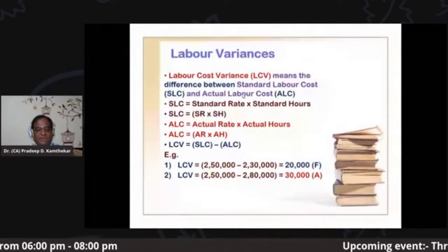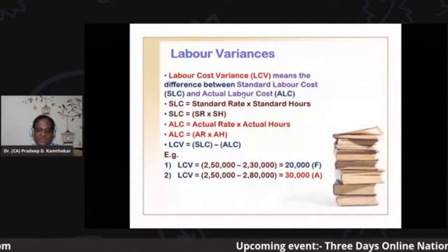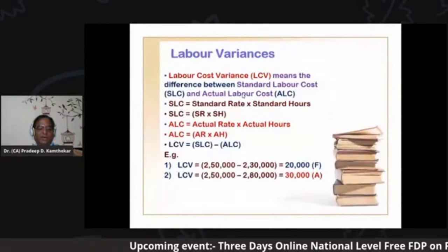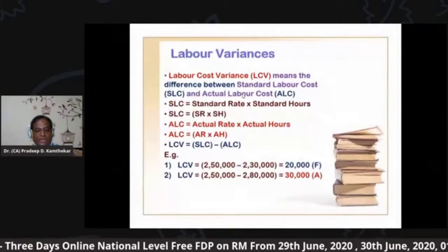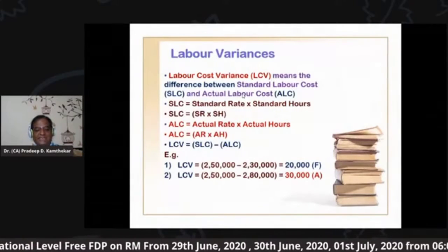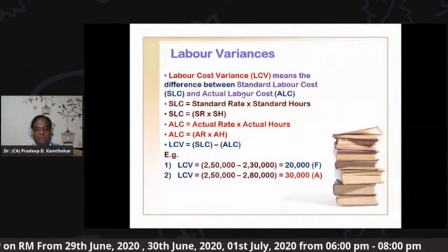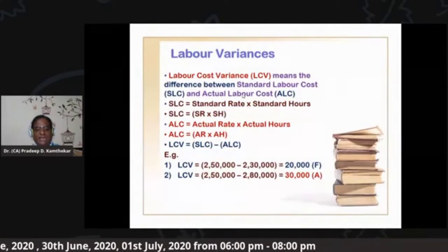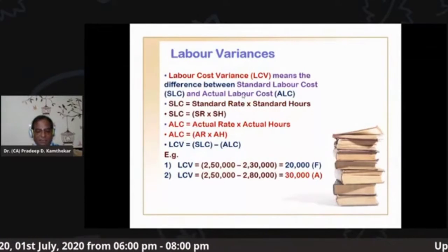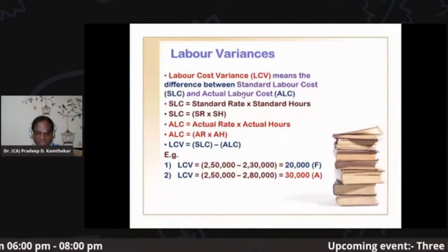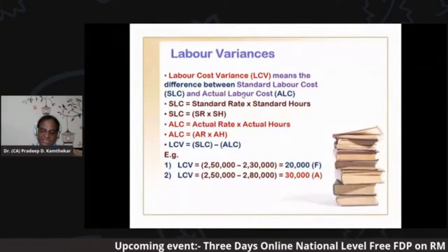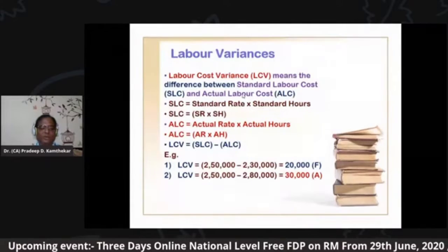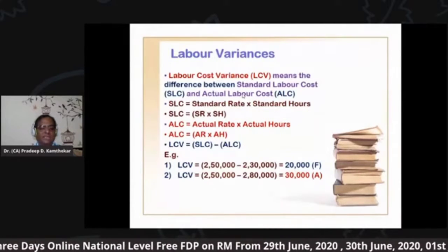In the second example, friends, 2,50,000 again business expected to incur for labor, but the actual amount paid to workers is 2,80,000. So here business has spent an extra 30,000 rupees. So there is a negative variance, and this amount spent extra indicates the adverse labor cost variance for the business. In detail through examples, we are going to see that in the following slides.